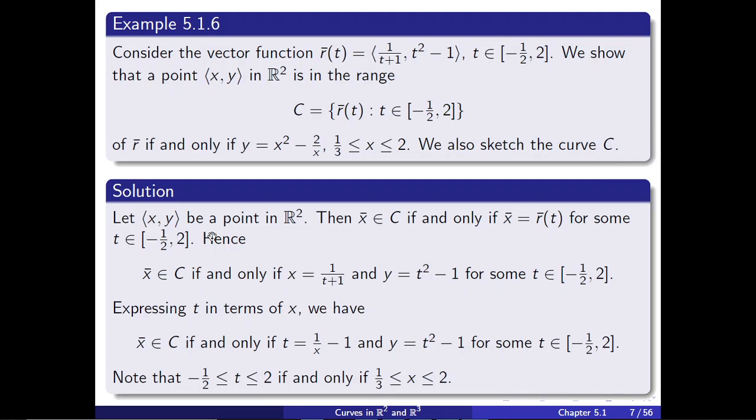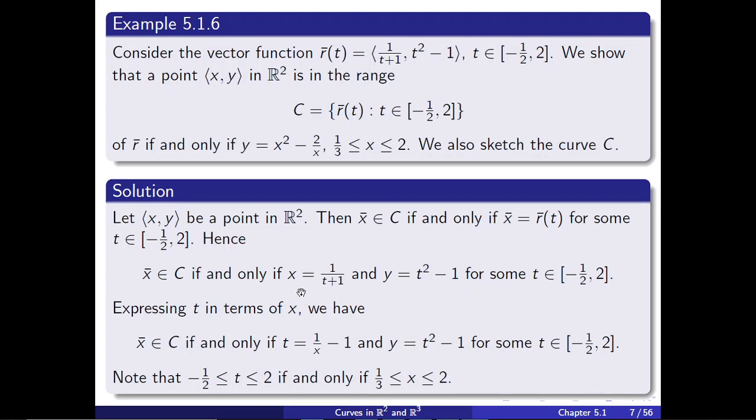So let x be a point in R2, then x is in C if and only if x is equal to r of t for some t in the desired interval.